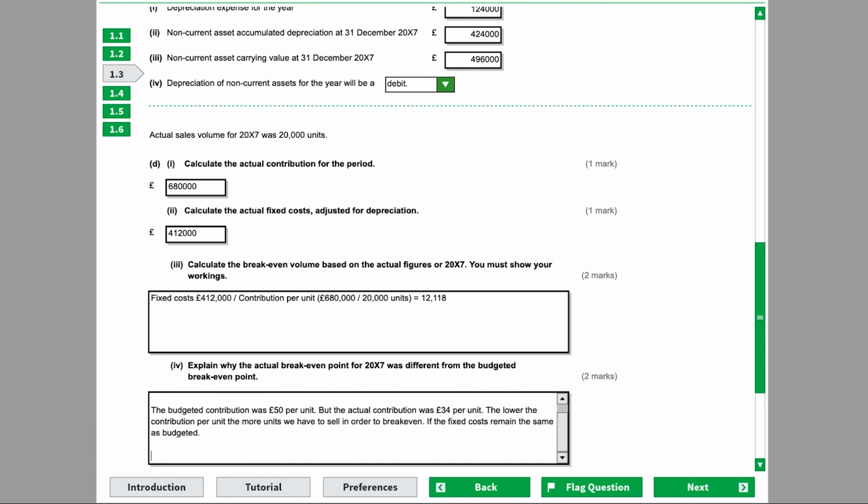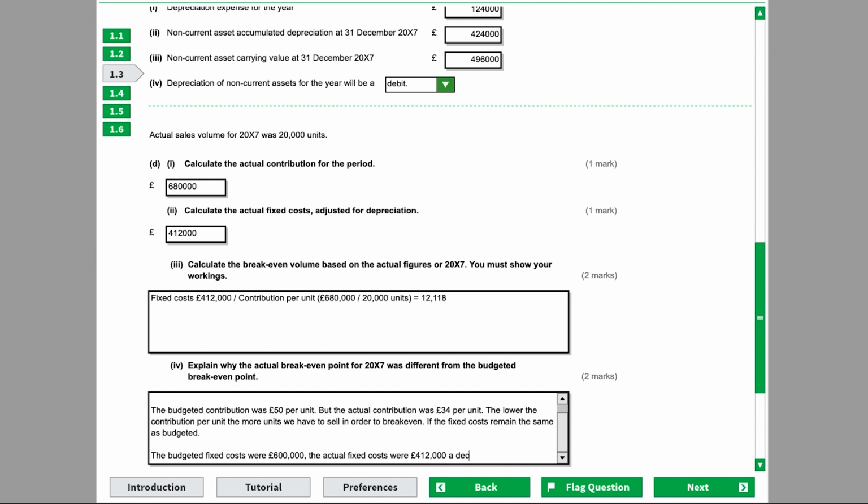The next point I would mention would be around the fixed costs. So the budgeted fixed costs that we had were £600,000. The actual fixed costs were £412,000.